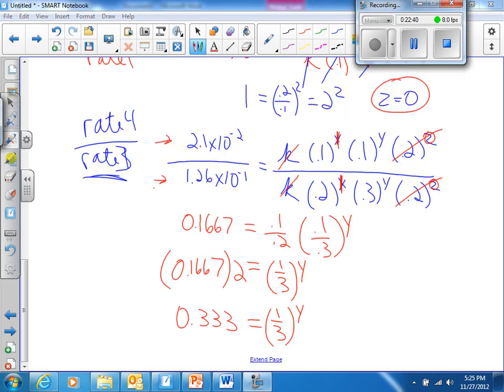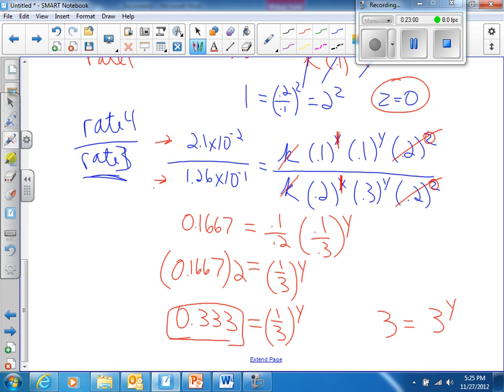Okay, I got 0.333 is 1/3 to the y. Now, you might recognize that 0.333 is actually 1/3. Or if you want, you can flip both sides to get 3 equals 3 to the y. So y must be 1.